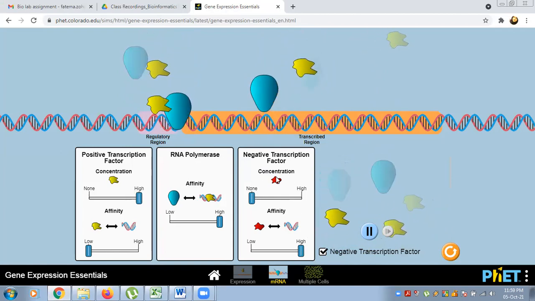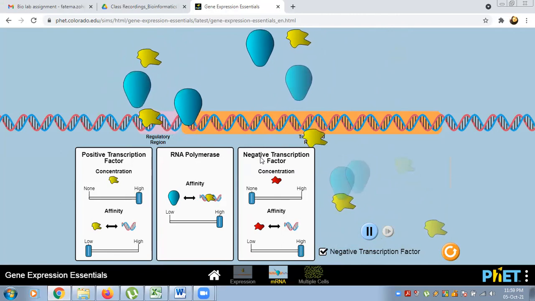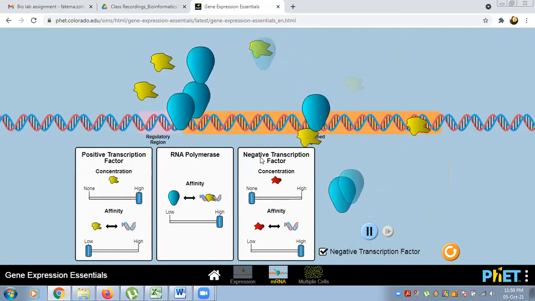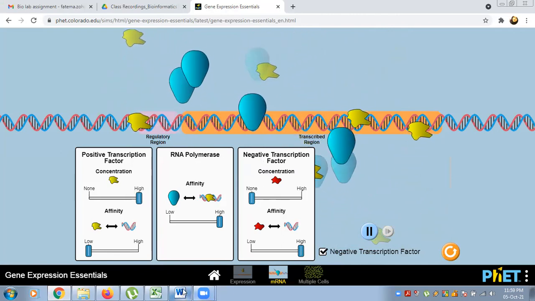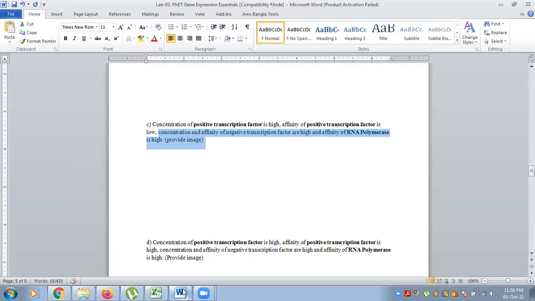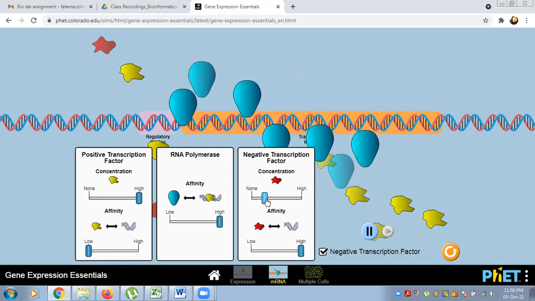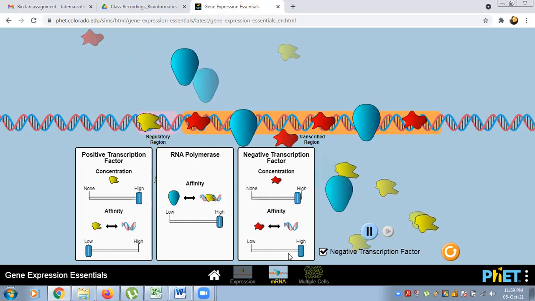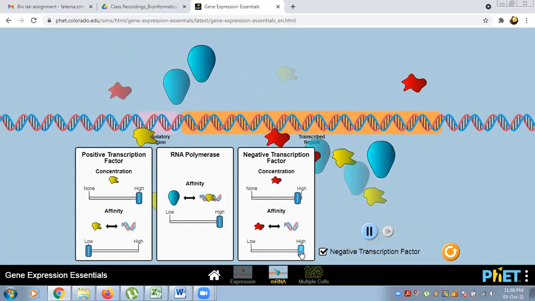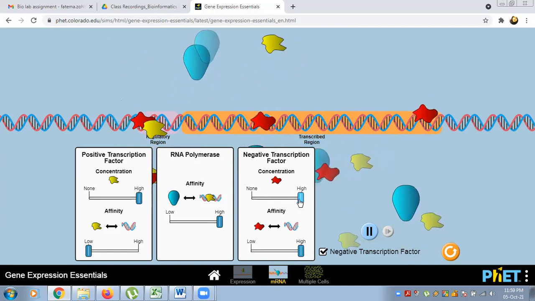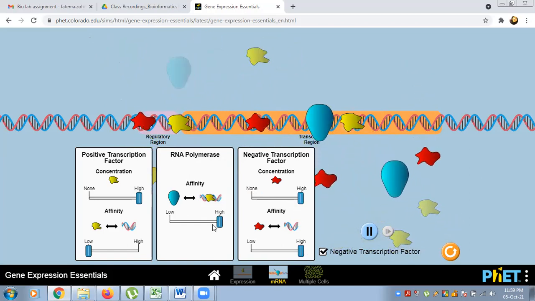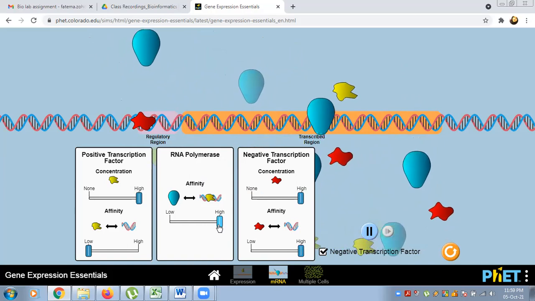This extra box is containing the details for the parameters for negative transcription factor. So according to the manual, we need to fix the negative transcription factor concentration and affinity as high. So the concentration of negative transcription factor is high, and affinity of negative transcription is already high. And RNA polymerase binding affinity is high.